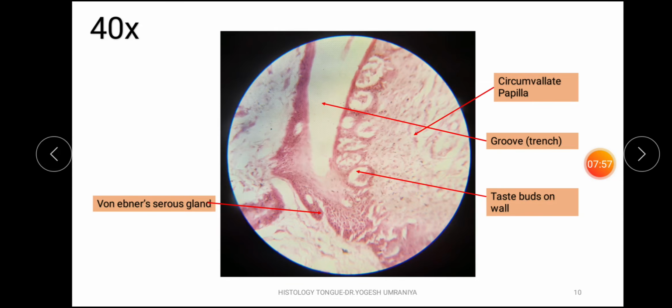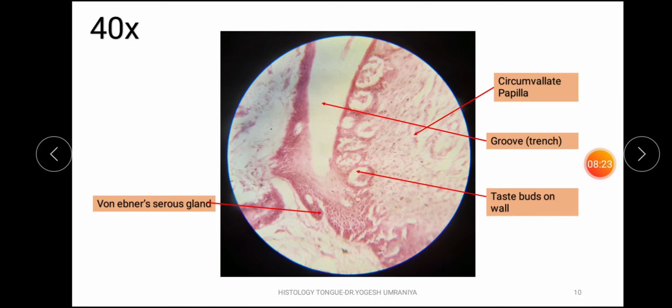Next we are seeing the image under the 4x lens of the circumvallate papillae. So this is some part of the circumvallate papillae. Specifically this is the basal portion of the circumvallate papillae. Here you can mark out this is the trench or the groove.